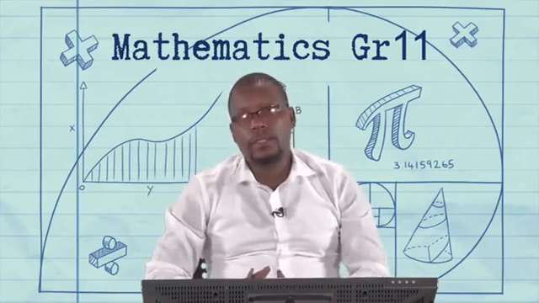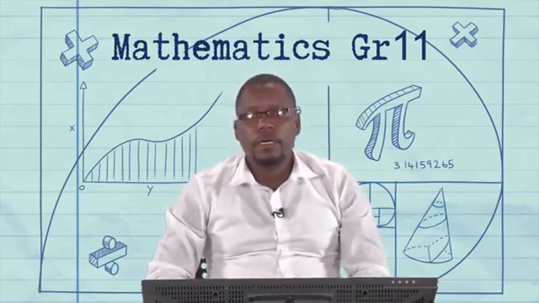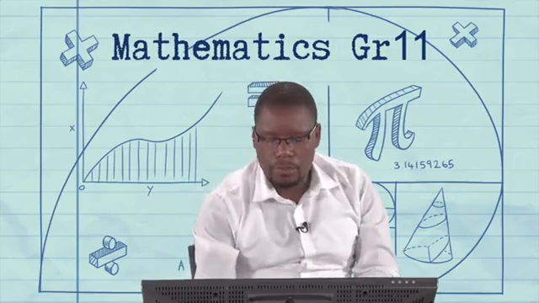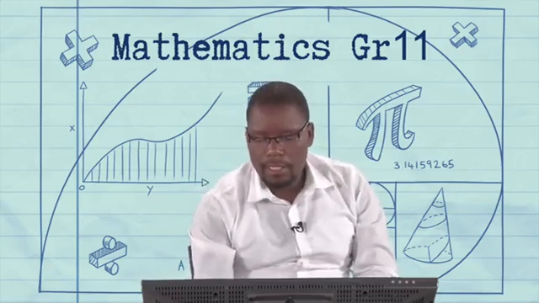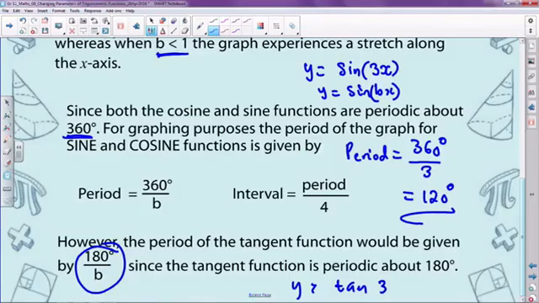So if you have y equals maybe tan of 3x, this is your bx, then it's going to be 180 over 3, and you get your period for that particular graph, which is now 60, and it's going to repeat every 60 degrees. Okay.